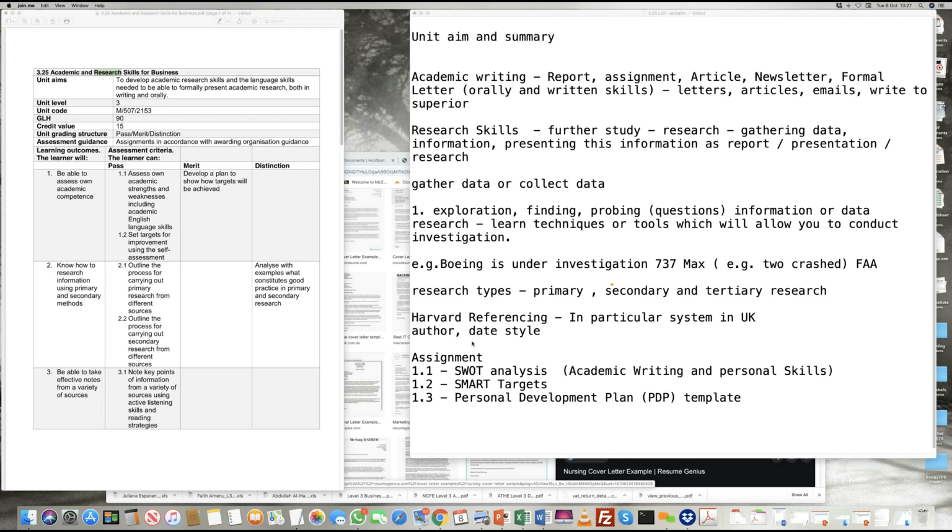That means you put the last name of the author first, and then put the date, the year or the month in which the information was produced or published. And that tends to be the Harvard referencing system. So this was in general a background and an overview of what we intend to study in this unit, which is academic and research skills for business.